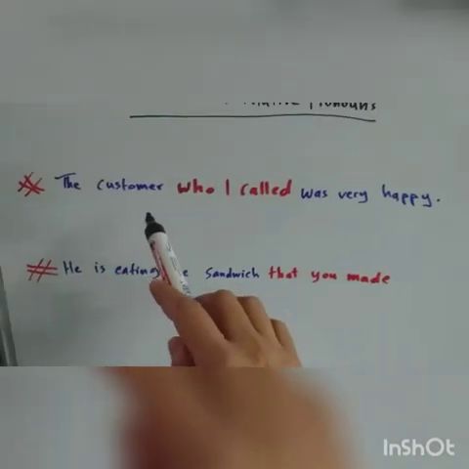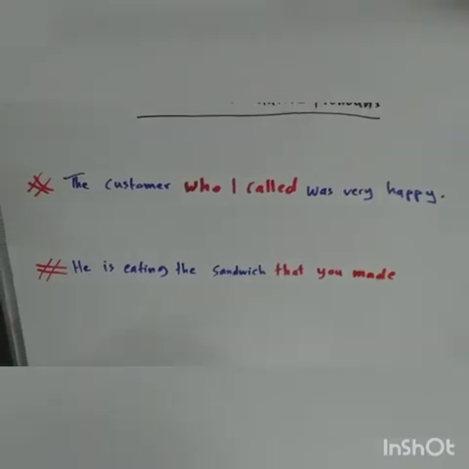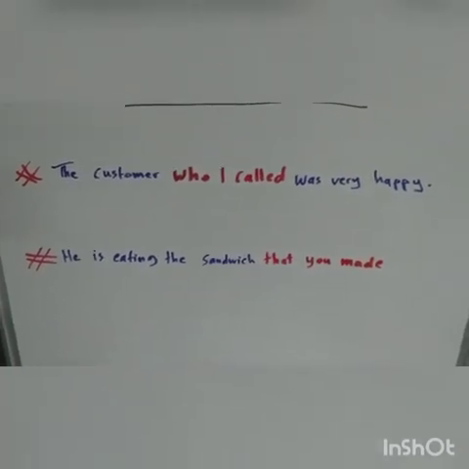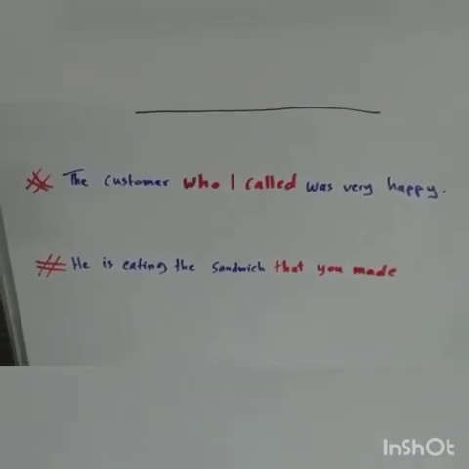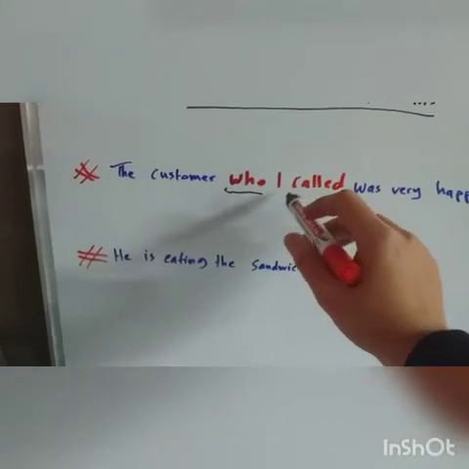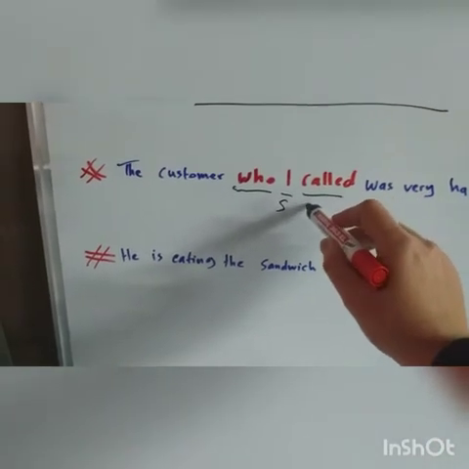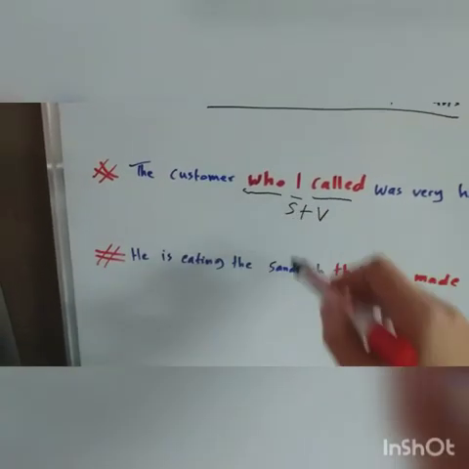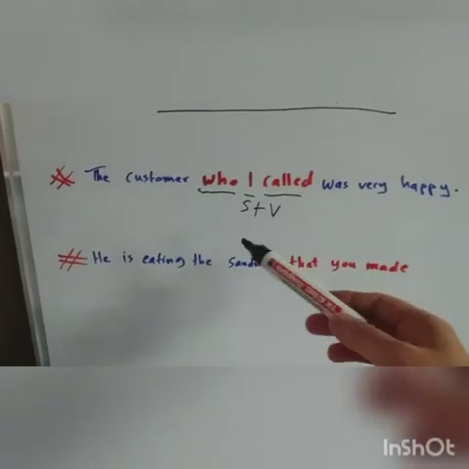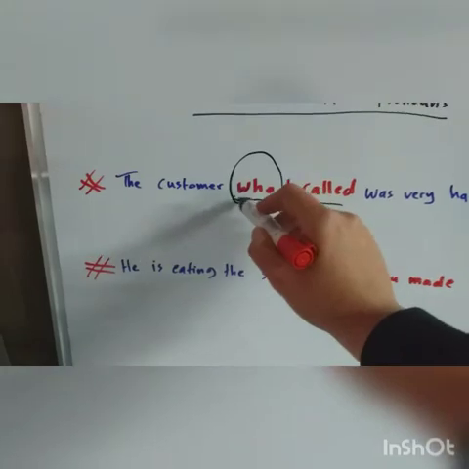The customer who I called was very happy. So in this clause, you can see that after the relative pronoun who, there is a subject and a verb. This is how you know that it's the object of the clause.